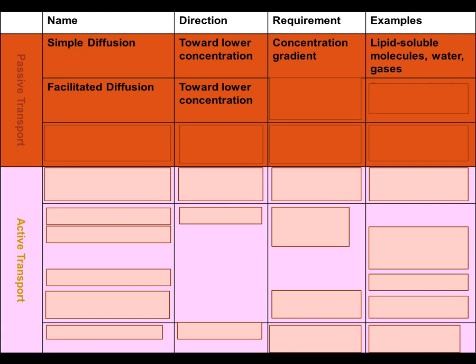What do we need? We still need a gradient, but also no energy, and a transporter.